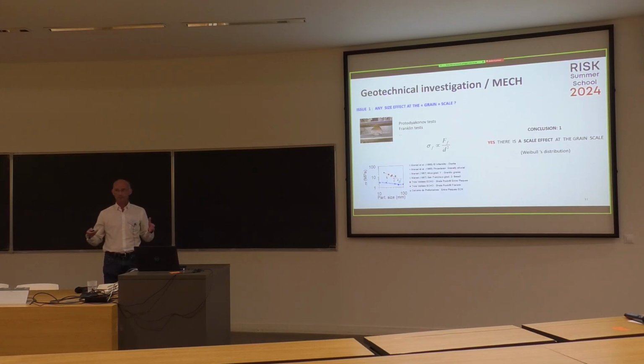The larger it is, the easier it is to crush or to break a large grain than a small one. Okay? So yes, there is a scale effect at the grain scale. So we have some statistics. We can fit the data with a Weibull distribution, and we can implement this law in some numerical computation or numerical code.